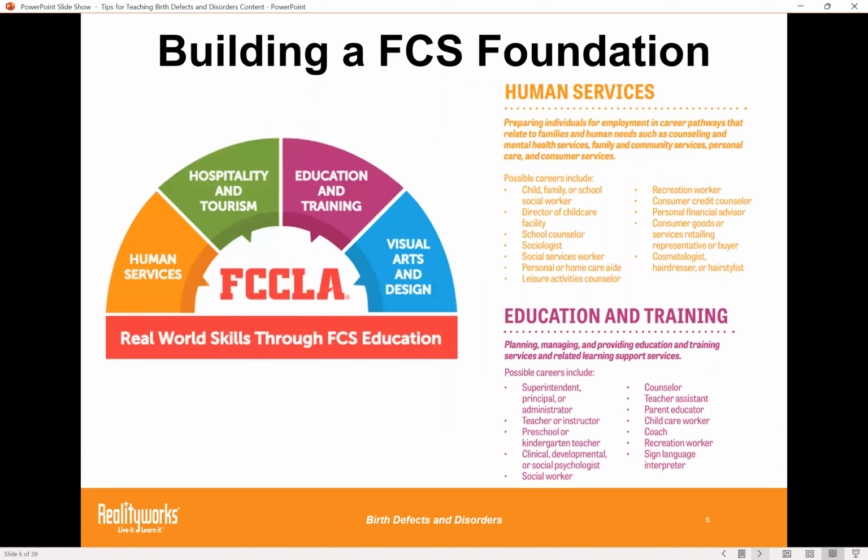Now, here are just a few of the FACS-related pathways that need to know about birth defects and disorders, and they fall under the human service and education and training career clusters. Jobs such as social workers, teachers. There's so many out there that really need to have this information if they're interested in these types of occupational areas.